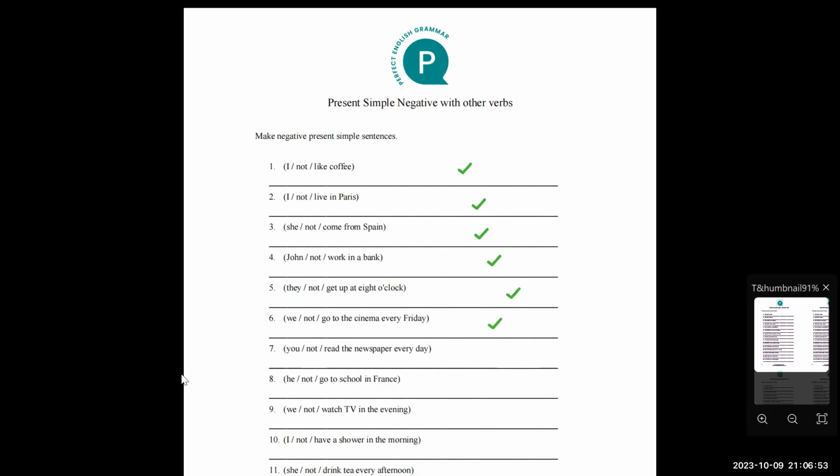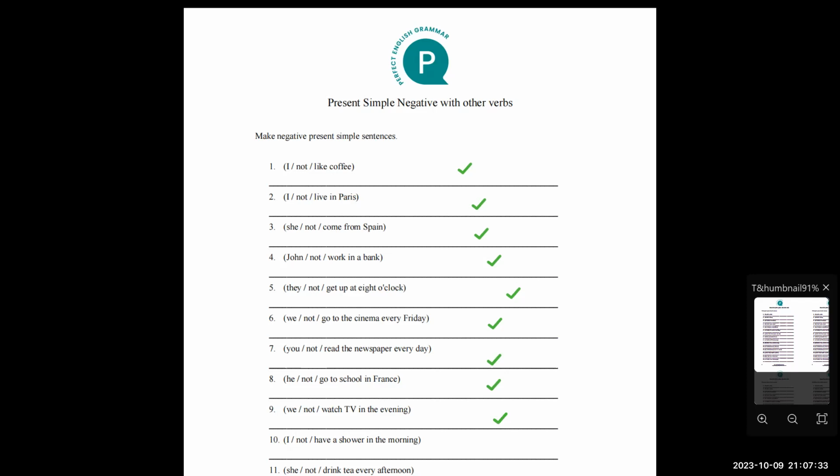You don't read the newspaper every day. Okay, that's correct. 8. He doesn't go to school in France. Okay, correct. We don't watch TV in the evening.